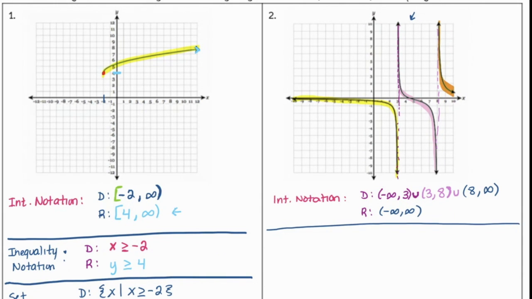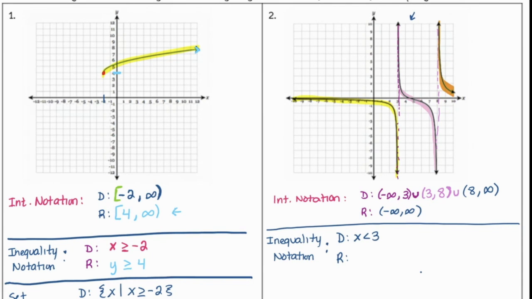Next notation I'll do inequality. Again, just like before, I have 3 different pieces, which means for the domain, I'm going to have 3 different inequalities. So I'm going to start with the first piece I had. The first piece went from negative infinity to 3, which means that we're dealing with all the x values that are less than 3.